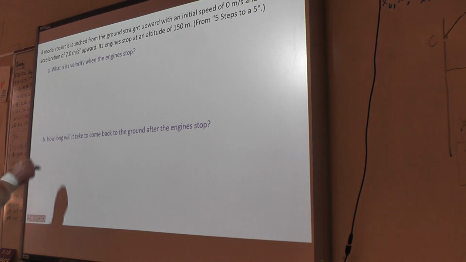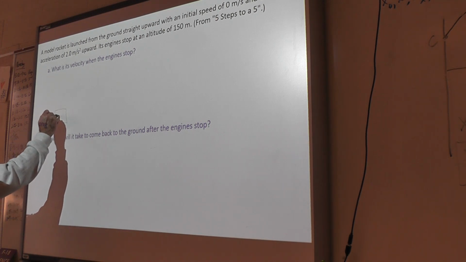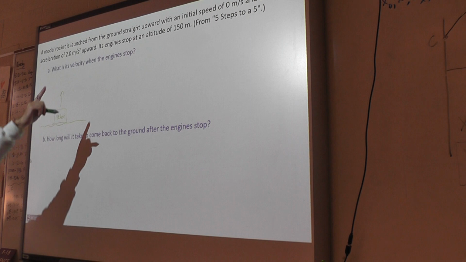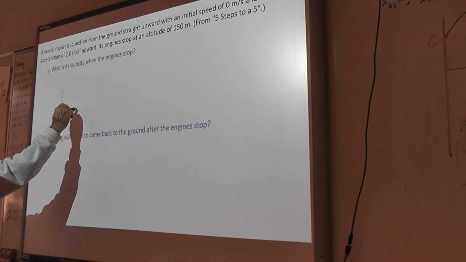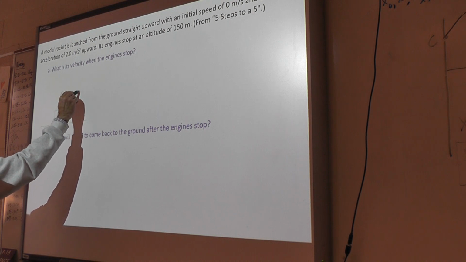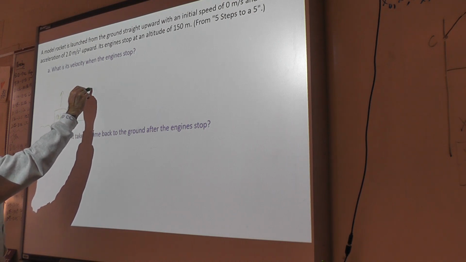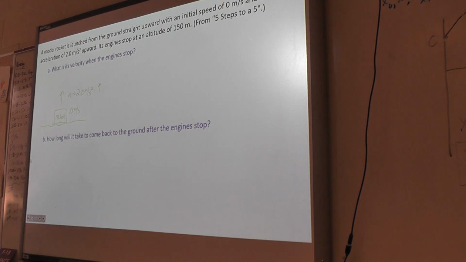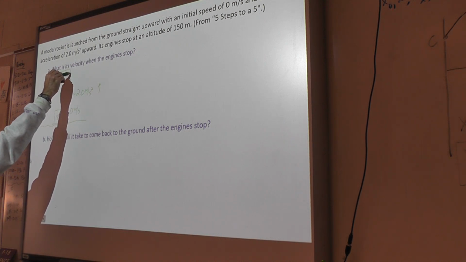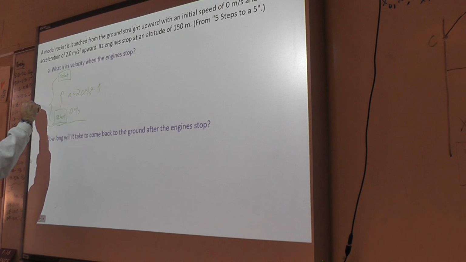Start with step 1, I'm going to draw a picture. That looks like a rocket to me, and this rocket starts on the ground. It's launched straight up. Its initial speed is 0 meters per second. It is accelerating at 2.0 meters per second squared in the upward direction, and there's a point at which its engines shut off, and that point is when it's 150 meters above the ground.